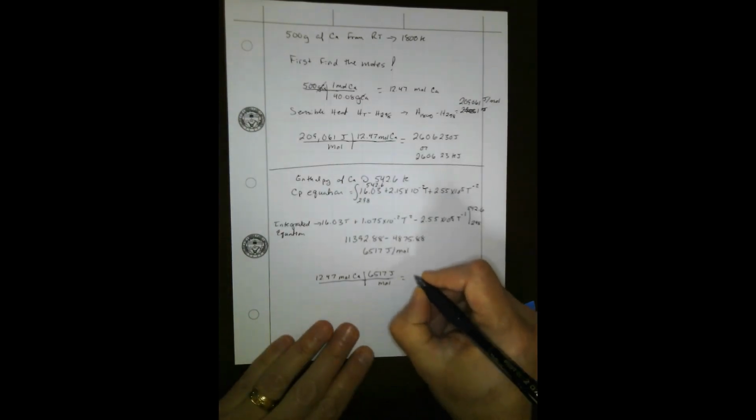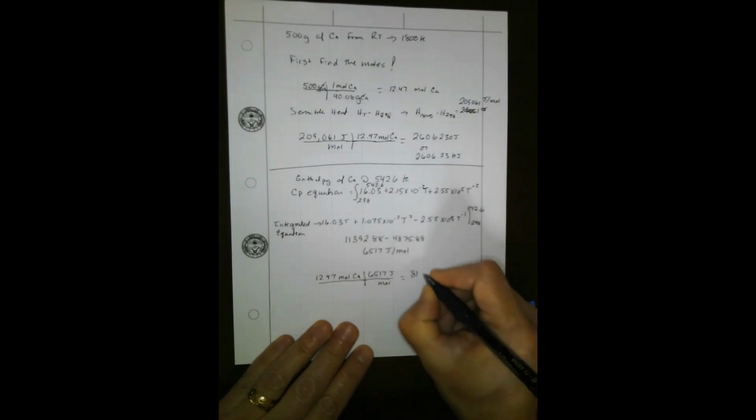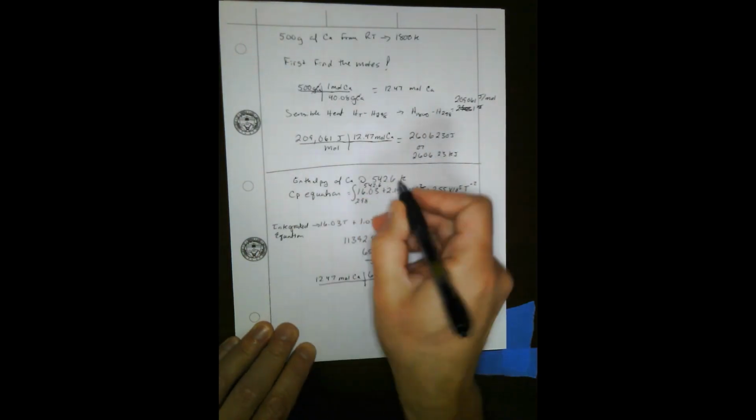I got 8126.99, let me write it out because I'm not talking well. But this is the answer. This is actually the enthalpy of calcium at 542.6. I expanded a little bit just to make it more practical. But again, we're integrating the heat capacity equation to get enthalpy, and we'll carry on.